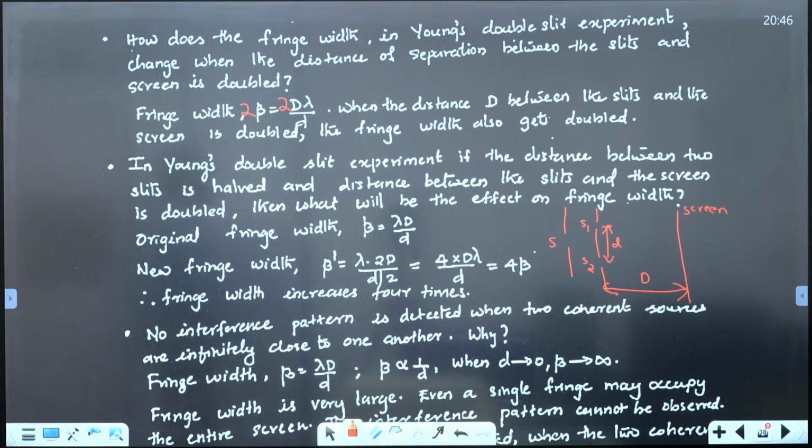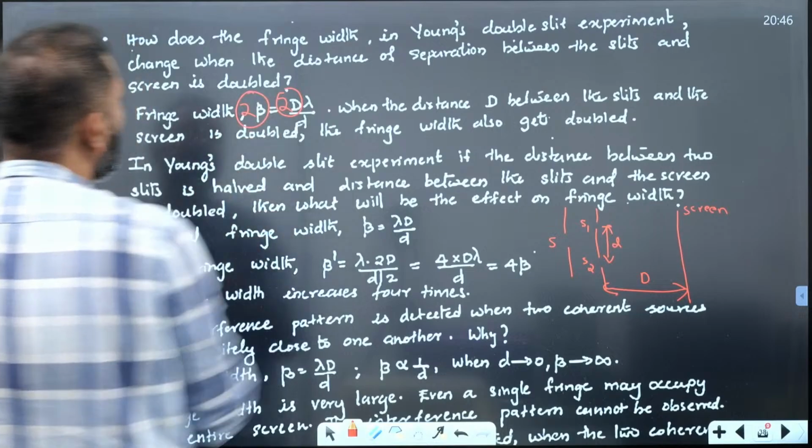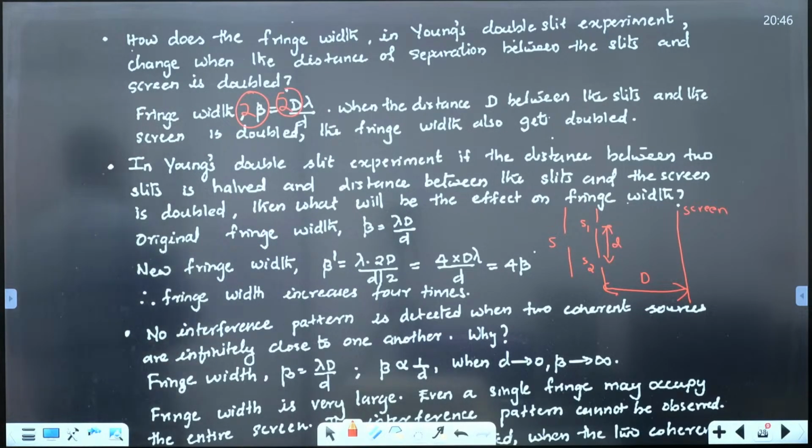Beta equal to D lambda by d. When the distance between coherent sources and screen is doubled, capital D becomes 2 times, so beta also becomes 2 times. Fringe width also becomes doubled. Any doubt?